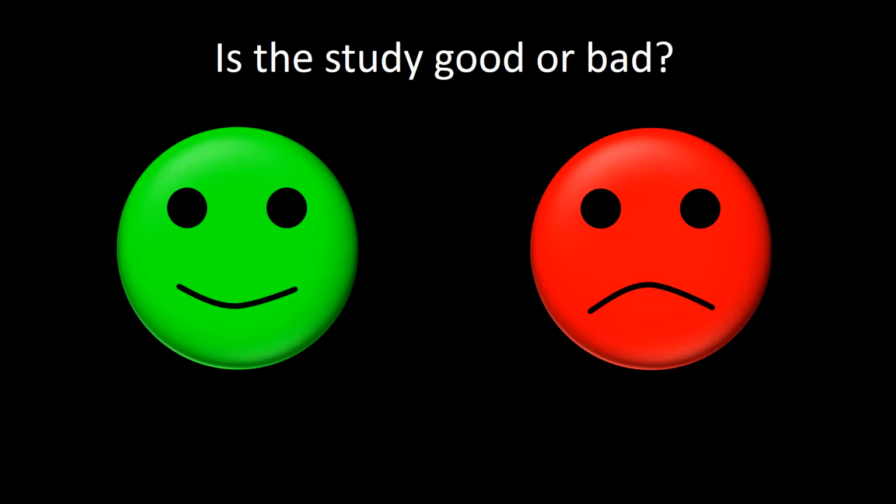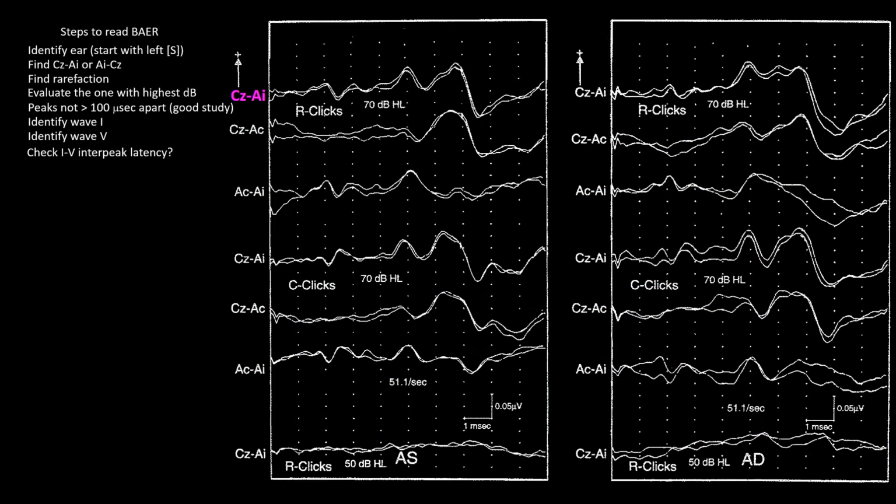Next, we need to ask ourselves if the study is good or bad. This is done by comparing the synchronicity of the two averages. Peaks of the individual averages should not be far apart from each other.